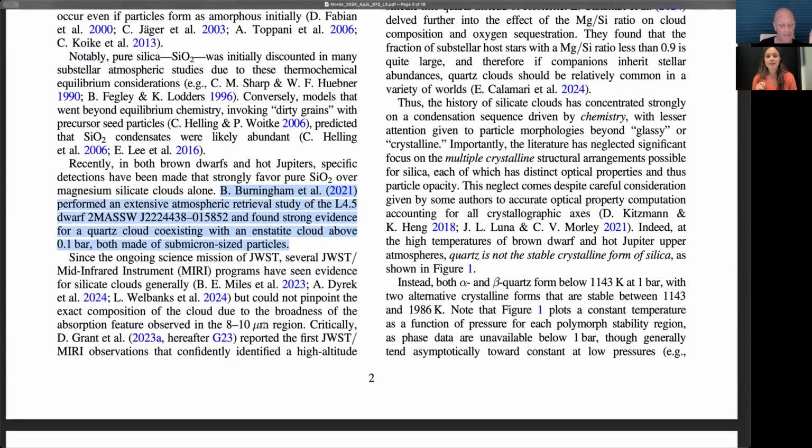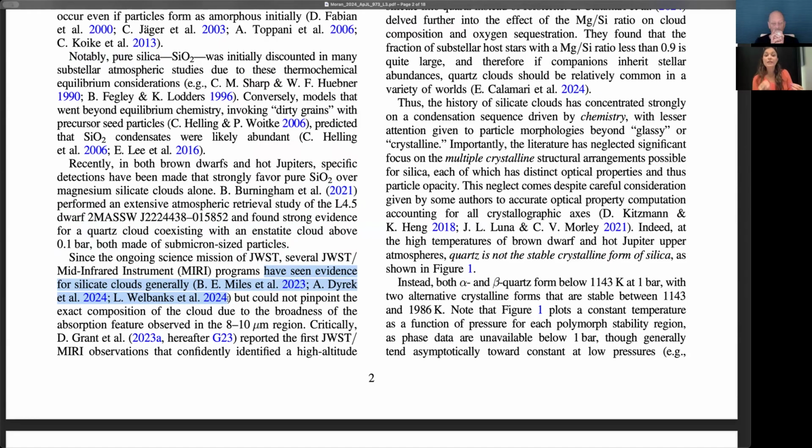A couple of suggestive detections have been made. I've listed them here: Miles et al. 2023, Dirac et al. 2024, and then Wellbanks et al. 2024, so looking at that same data set, maybe arguing with it. We'll ignore that for now. They see this very broad feature in the 8 to 10 micron region, which says it's probably some sort of silicate, but we couldn't tell what kind.